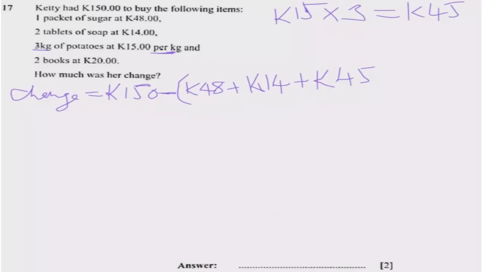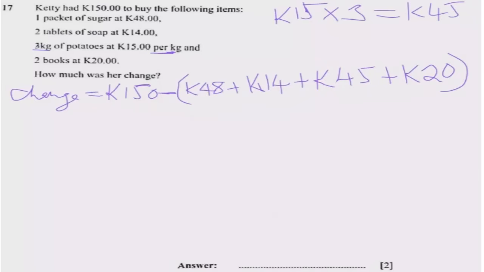If they said per book, or each, we could have multiplied 2 by 20 kwacha. Now, since they just said 2 books at 20 kwacha, the cost of 2 books is 20 kwacha. So we say plus 20 kwacha.